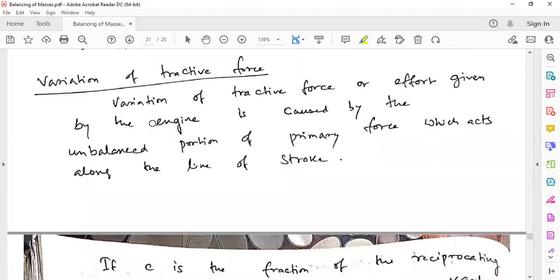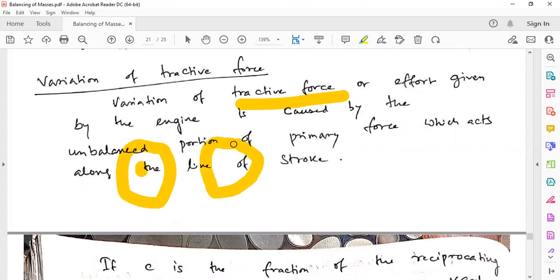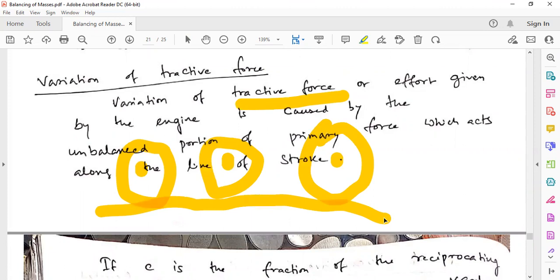Next is variation of tractive force. Now for any engine, for a vehicle, three-wheeler, four-wheeler, two-wheeler, or train, this is the track, and here we have the wheel. Whatever force is needed to move the train along the track.